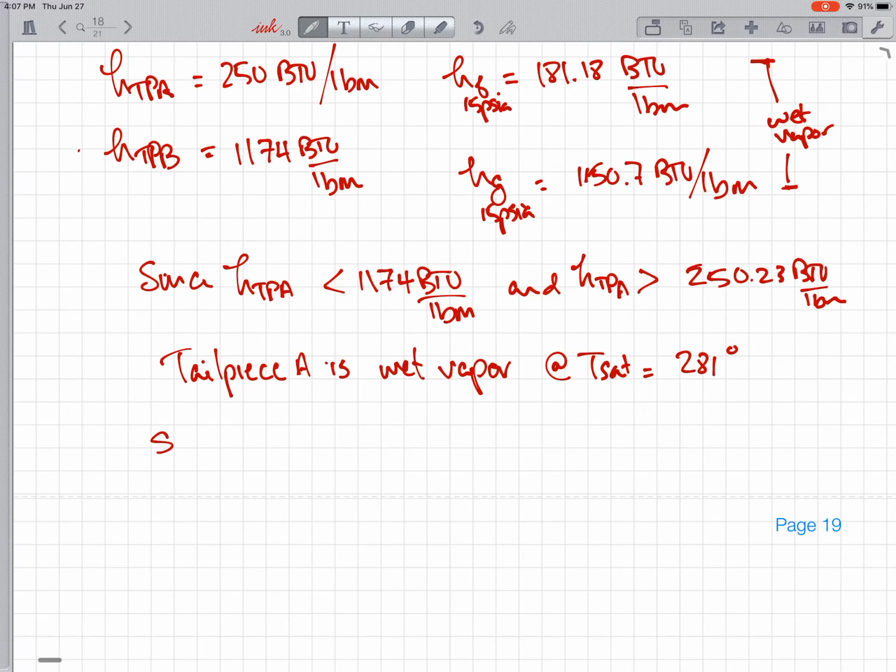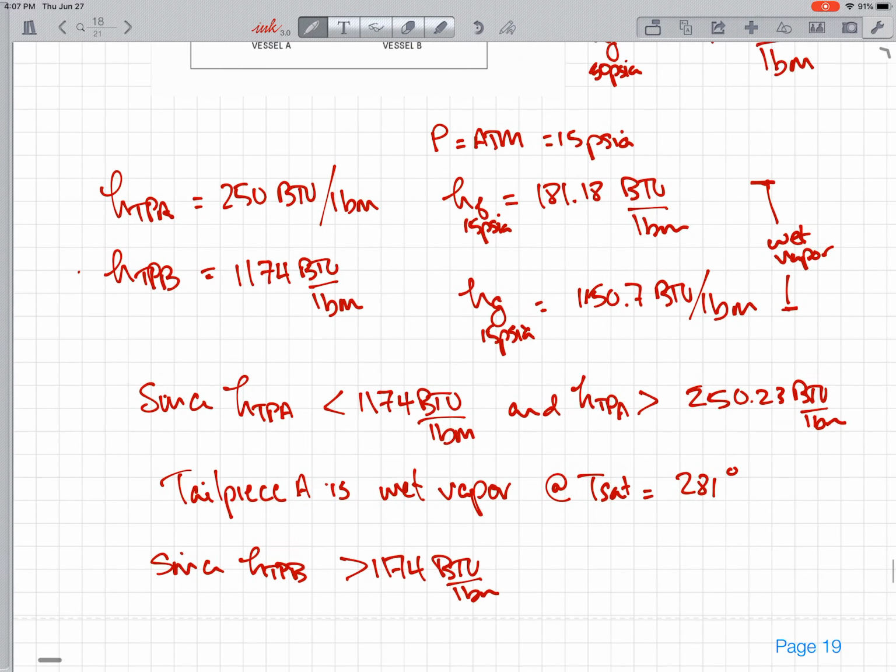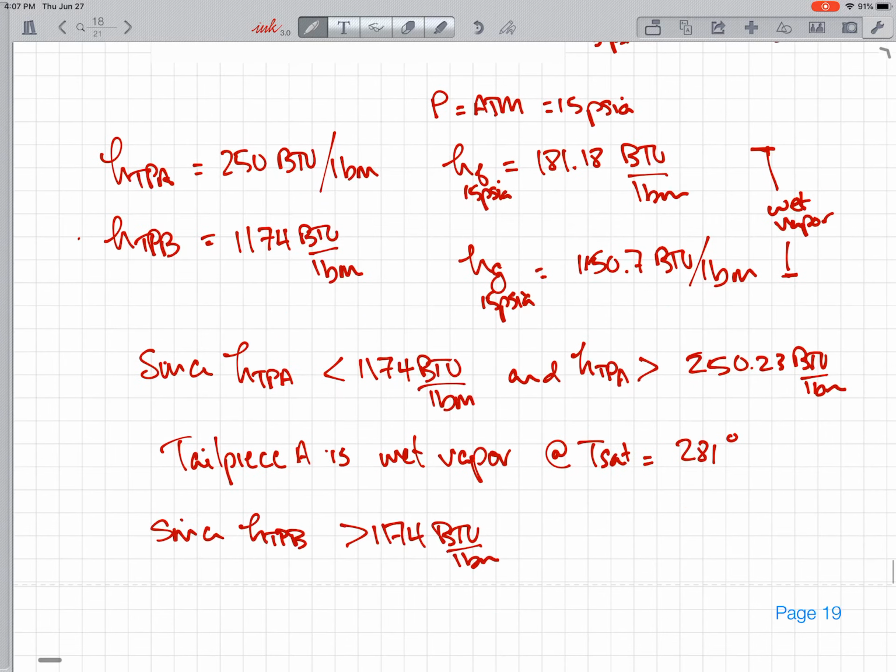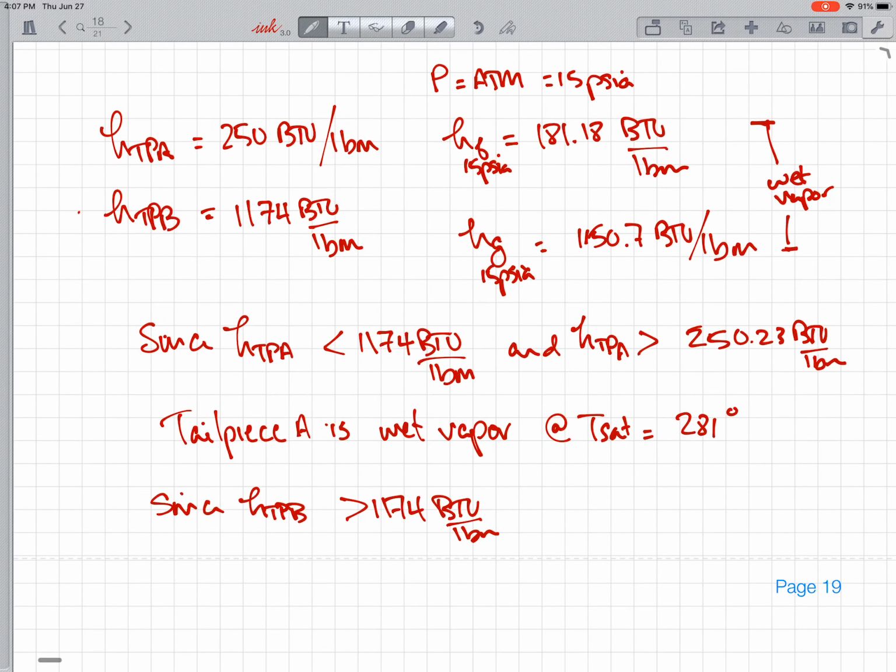Alright, since enthalpy at tailpiece B is greater than 1174 BTUs per pound mass, it is actually greater than 1150. So 1174, that's the wrong number, sorry. It's greater than 1150 BTUs per pound mass, and I'm getting that right here for the saturated steam enthalpy at 1.5 pounds.